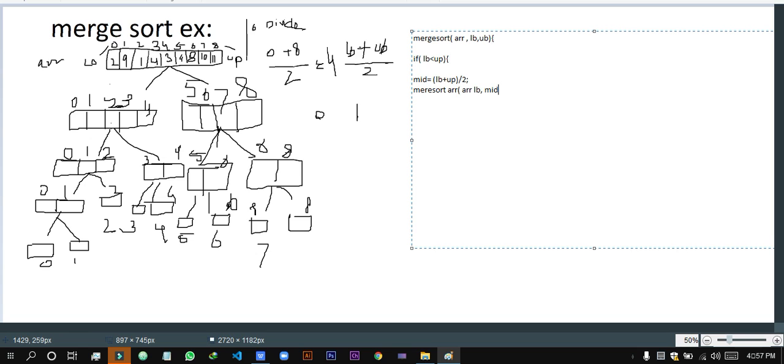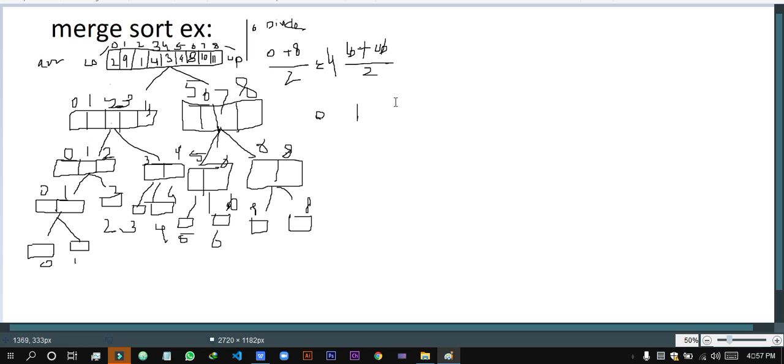Okay, I just pointed out that my array has been distributed into two parts. First part is merge sort from this one, and the second one is being... oh, I'm so sorry.